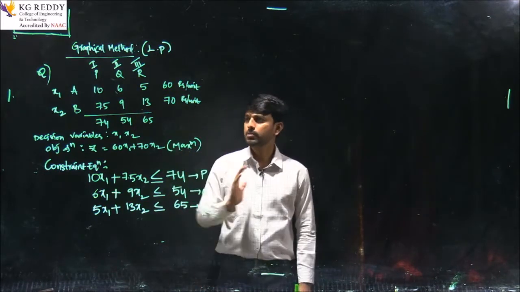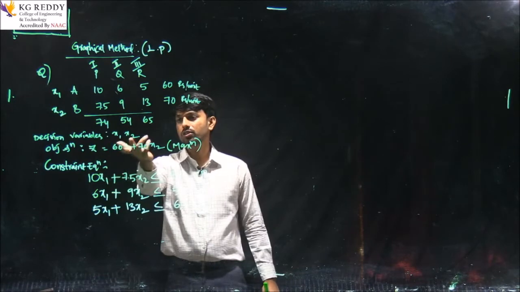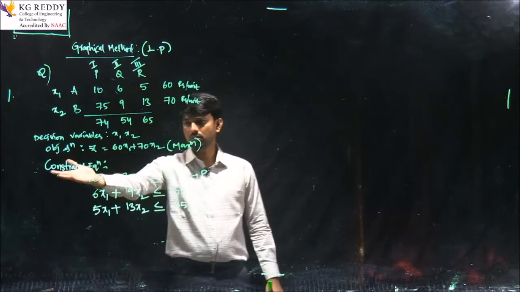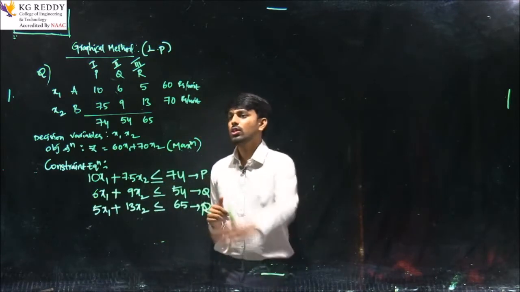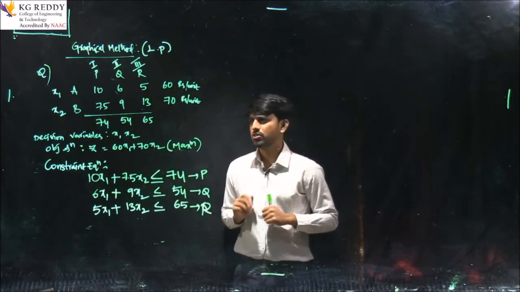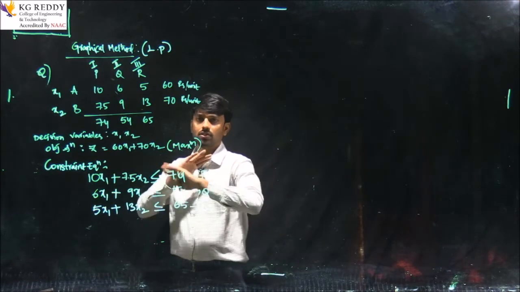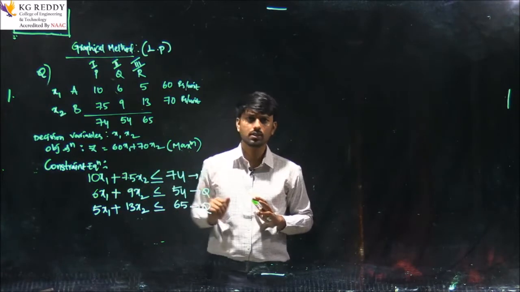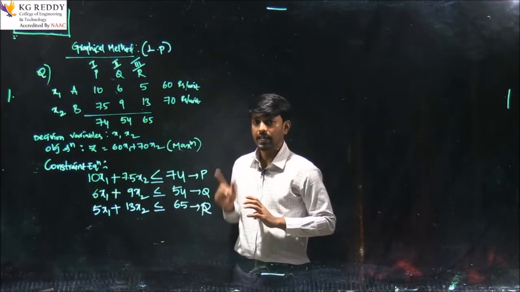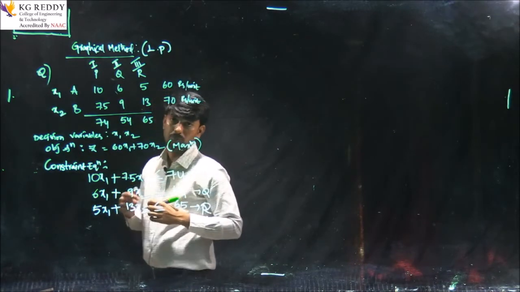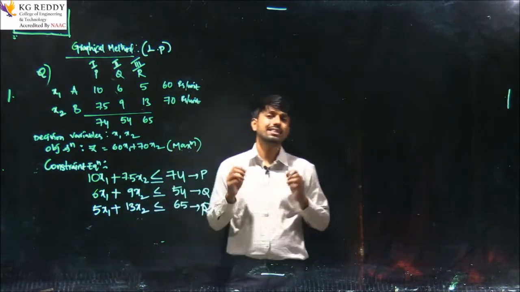In the mathematical model there are 3 steps: identification of decision variables, second step is writing the objective function, and third step is writing the constraint equations. We successfully completed the second step in the operation research methodology. Okay, this is very critical. Once you are able to write the mathematical model, the next step is to find the optimal solution.